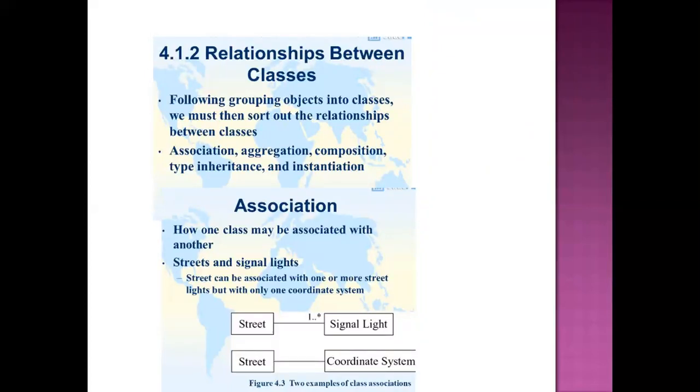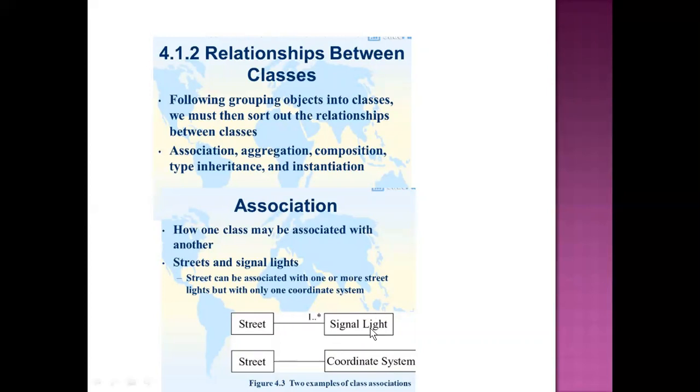Relationship between classes. Following grouping of objects into classes, we must then sort out the relationships between classes: association, aggregation, composition, type inheritance, and instantiation. Association is the first one, describing how one class may be associated with another. For example, streets and street lights: a street can be associated with one or more street lights, but with only one coordinate system.